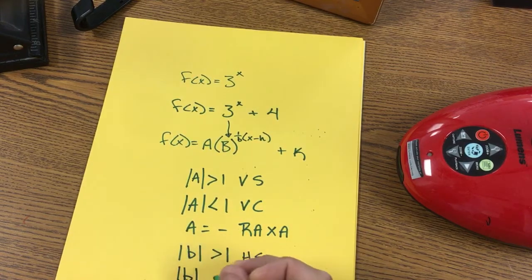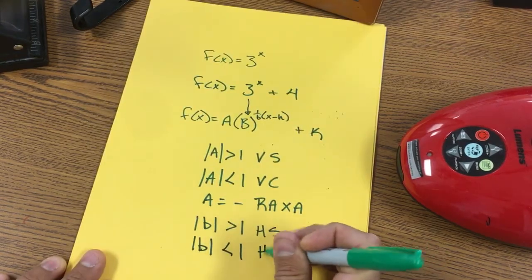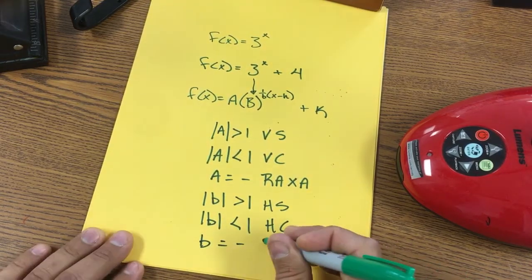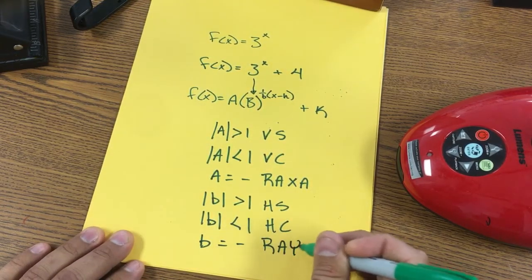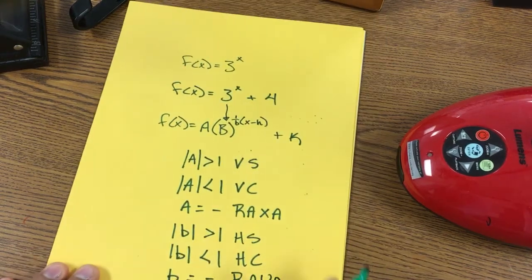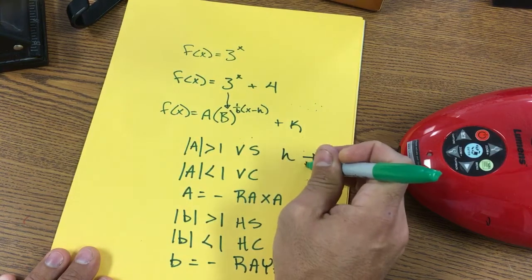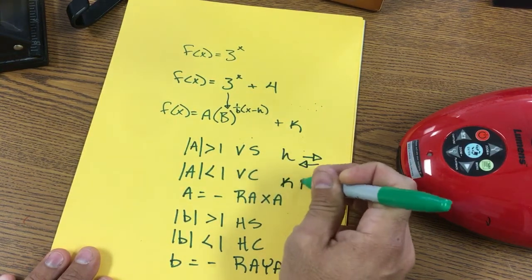Absolute value of B is less than 1, it's horizontally compressed. If B is a negative, it's going to be reflected across the y-axis. Remember that H is going to move me to the left and right, and K is going to move me up and down.